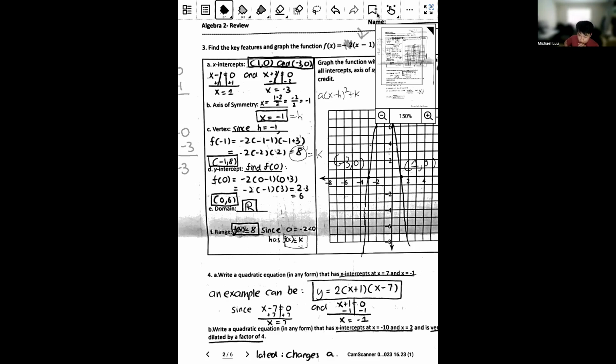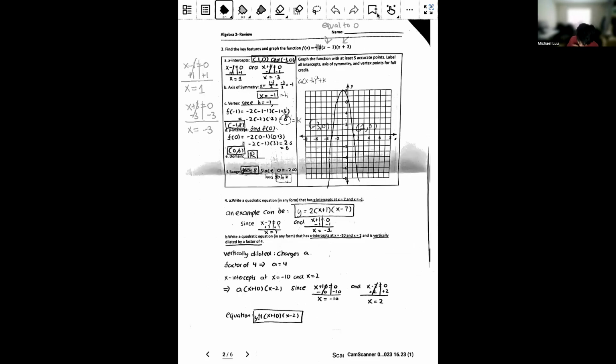Not too bad. I then graphed it using the 1, 3, 5 rule. So right here is going to be -1, 8. And then basically what you do, you have to go down 2, 6, and then 10. So how did I get that? I multiplied 2 times 1, 3, 5. I know I write it weird, but that's basically how I illustrate it.